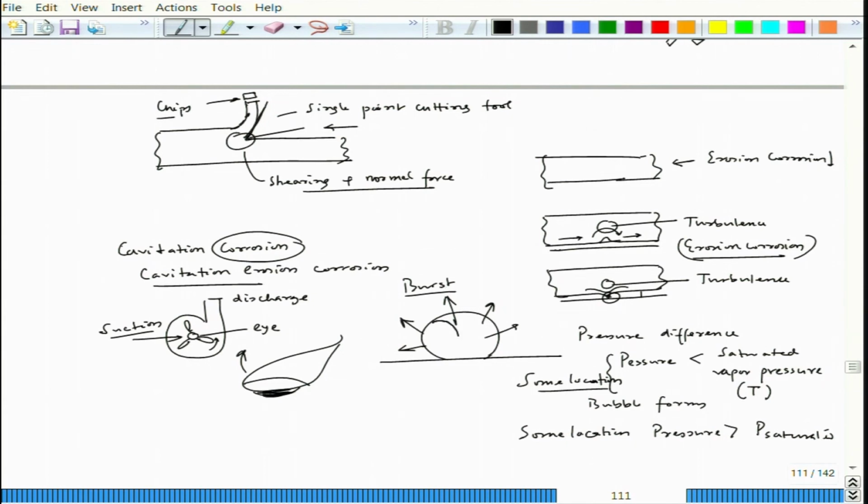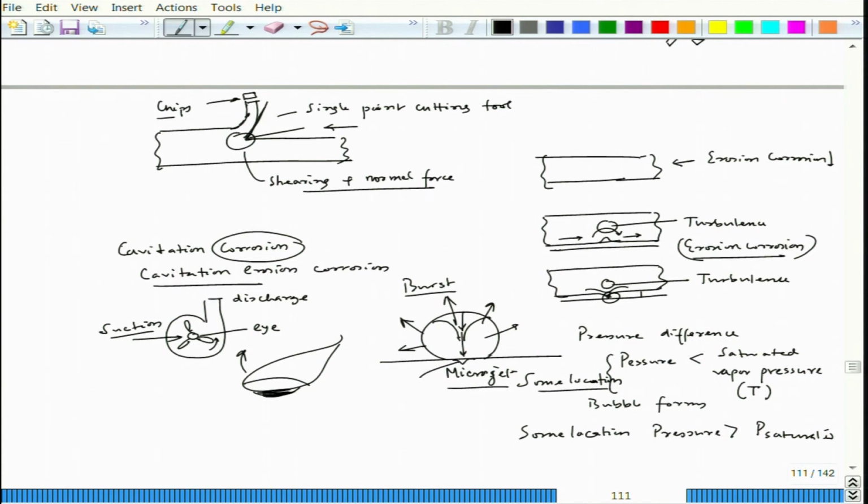So, this bubble bursting happens like this, and that creates a microjet on top of a metal surface. Because of this bursting of the bubble, the microjet hits the surface and deforms this particular portion.